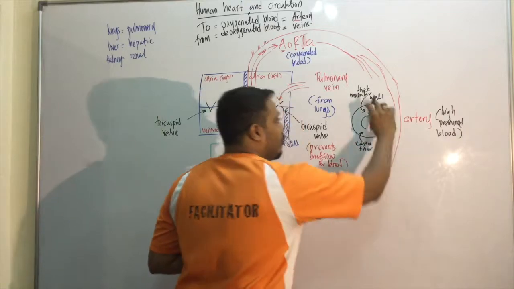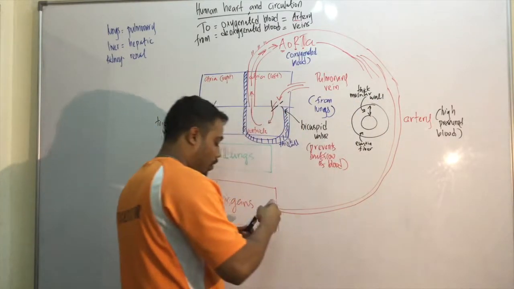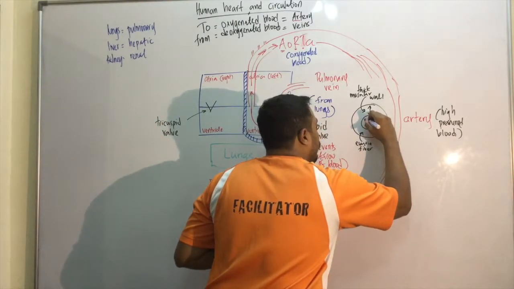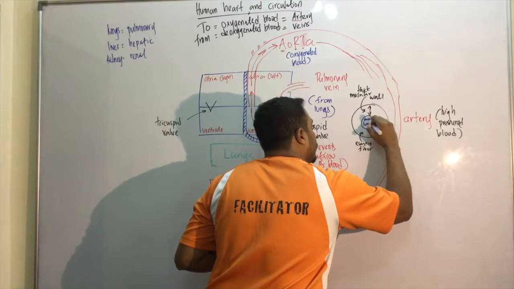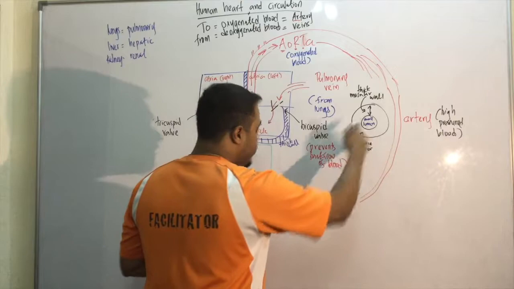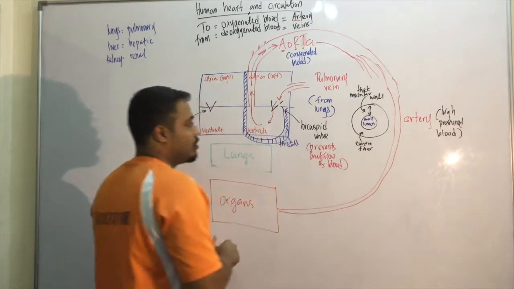Automatically, when you have a thick muscular wall, you will have a very small lumen. Maybe I can put that inside. Small lumen. If it's not clear, probably you can just zoom in. That small lumen is a sacrifice when you have a thick muscular wall.